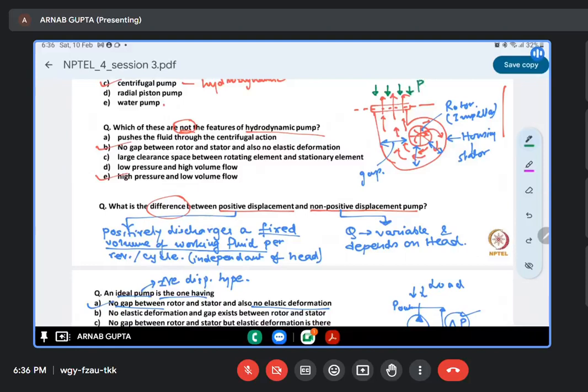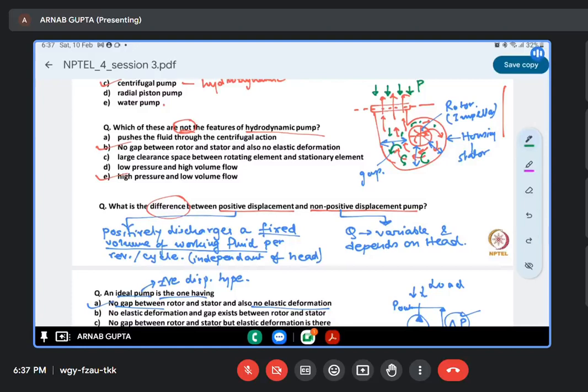Like this is the outlet pressure, it increases, then some of this liquid will flow back here. It will recirculate inside this housing since there is a huge gap. And that recirculated volume of liquid is dependent on this P. Higher the value of P, higher will be that loss component.